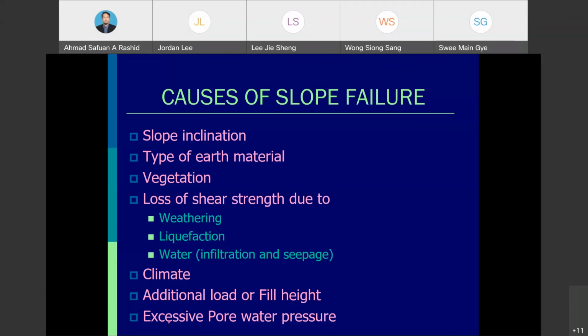That is why some researchers propose unsaturated soil mechanics to cater for this unsaturated area, where the water is far from the slope structure. This contributes to rainfall infiltration.